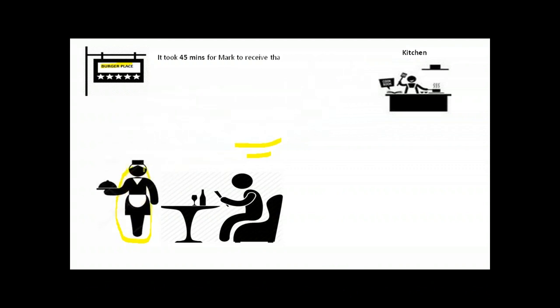But look at the problem. She brought the burger, no issues, and Mark started eating the burger. All is fine, but there is a problem here. What is the problem? It took 45 minutes for Mark to receive the burger.